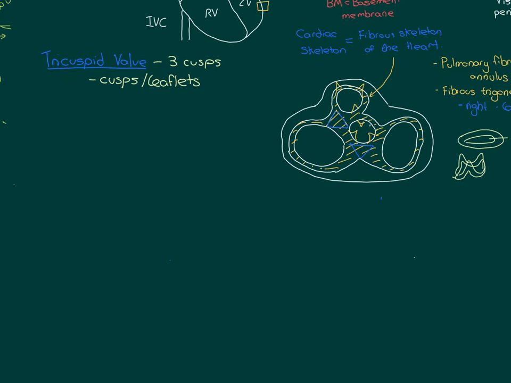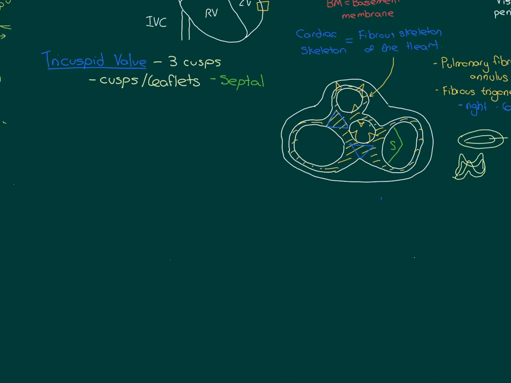Okay, so what are the names then of these 3 cusps? Well, you have a septal one, which I'll begin with. So this one that I've shown here now in green, this is the septal cusp of the tricuspid valve. So I'll just label it up as S. Now, why is it called the septal cusp of the tricuspid valve? Well, the reason is that it is towards the interventricular septum.